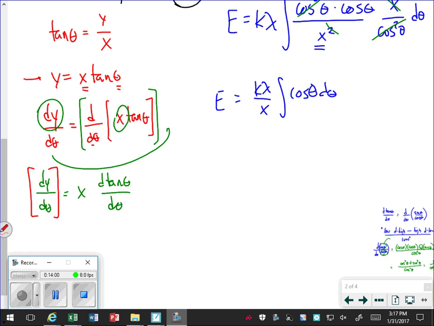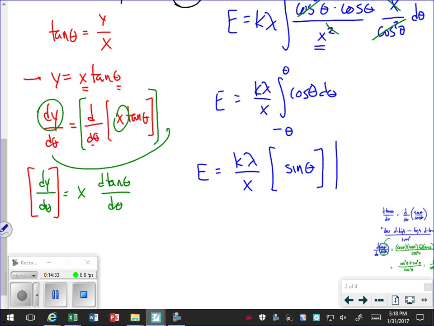Let's just say for now that however we express them, there's a lower and an upper that are the same if we are on the bisector of that stick. So E is k lambda over x times the integral of cosine theta d theta. Well, that is sine theta, evaluated from negative theta to theta.